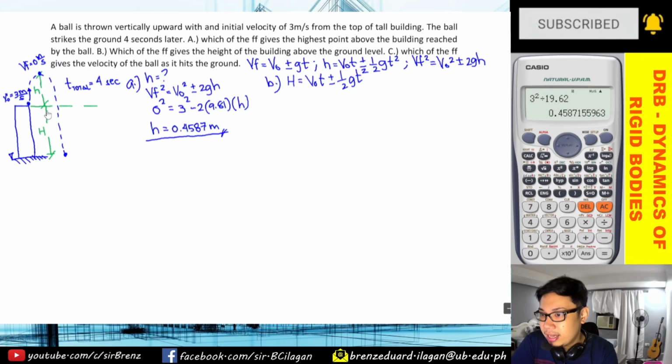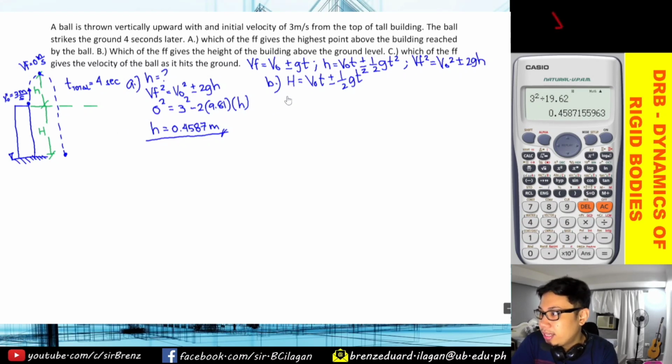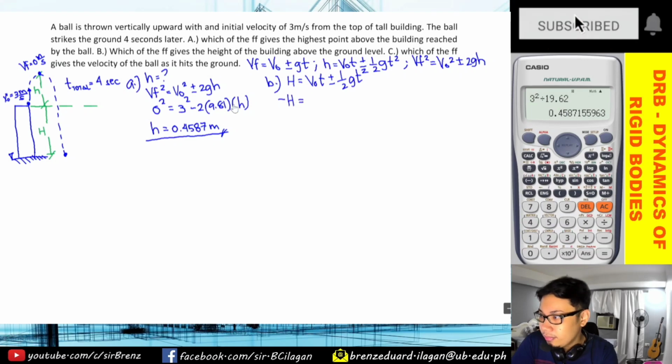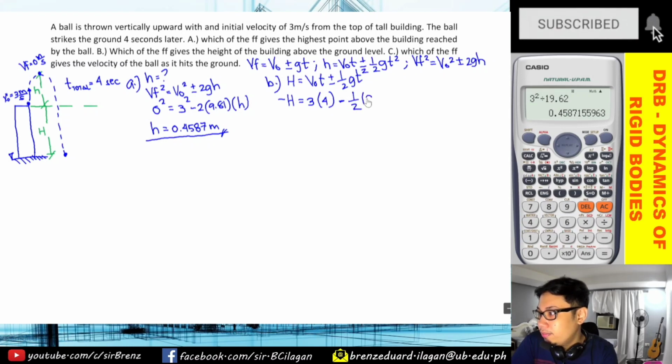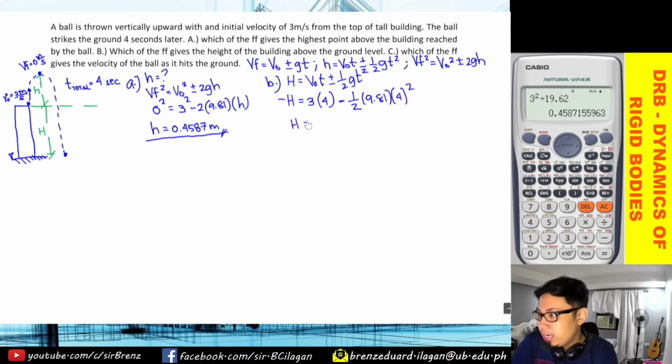So since pataas yan at yung sinusukat niya is pababa, the value of your capital letter H is negative H. So equals to, initial velocity, pataas yan, 3, times 4, and then yung gravitational acceleration ay pababa, so minus ito, 1/2 of 9.81 times 4 squared.